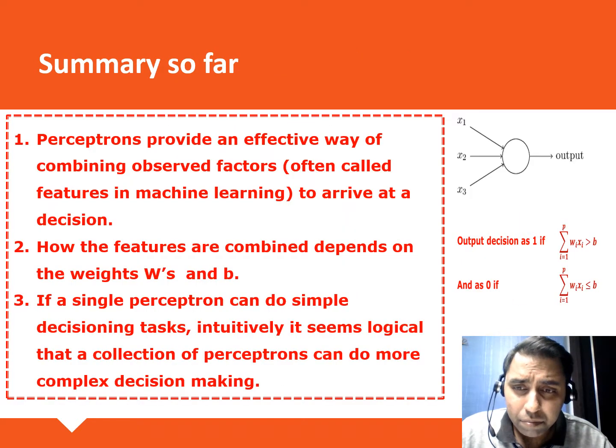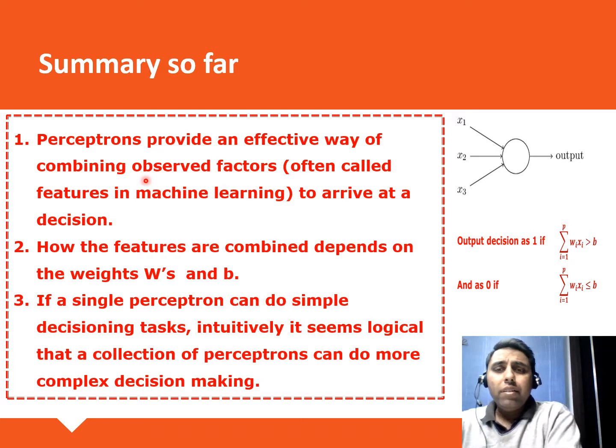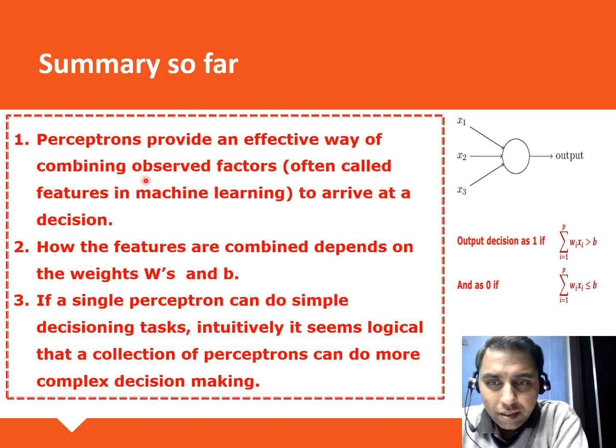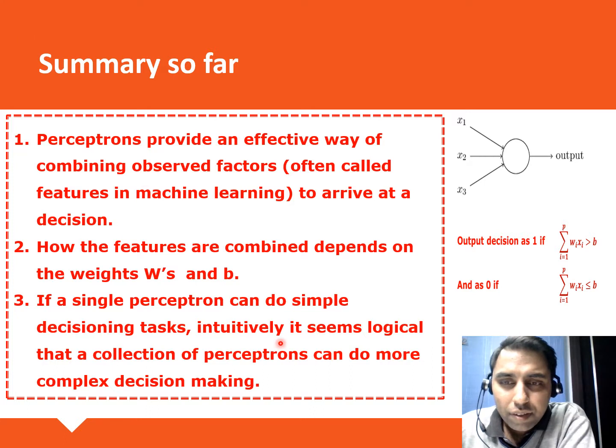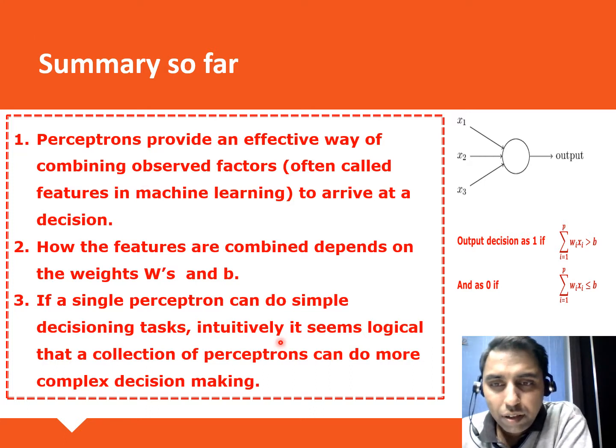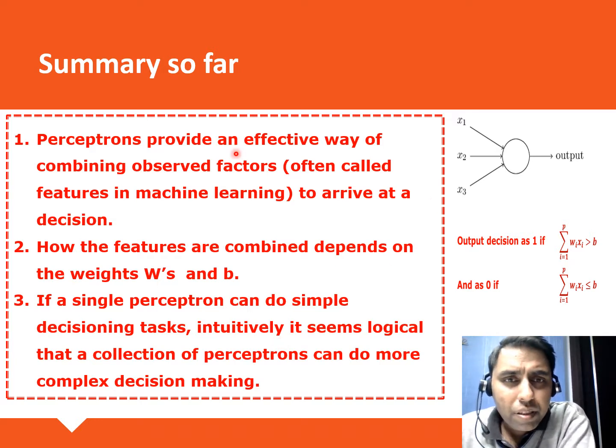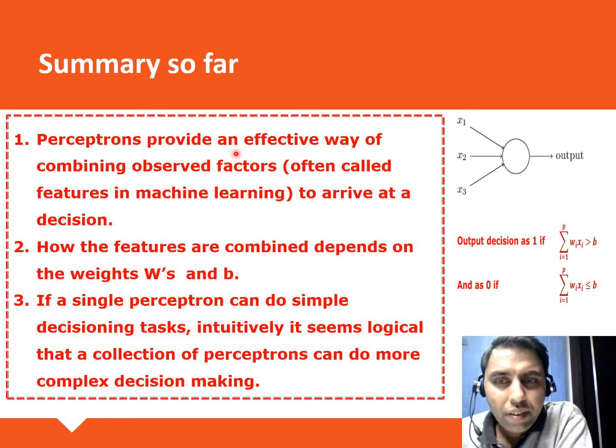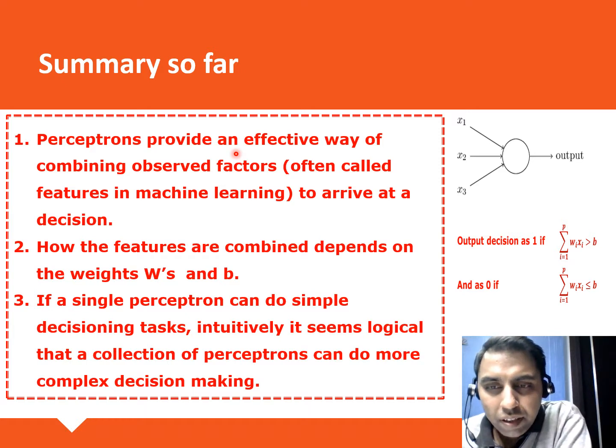Now, three key takeaways from what we discussed so far, which we will be using as concepts in further discussions as well. First, perceptrons provide a very simple and effective way of combining different observed factors, and then they can help arrive at a decision.